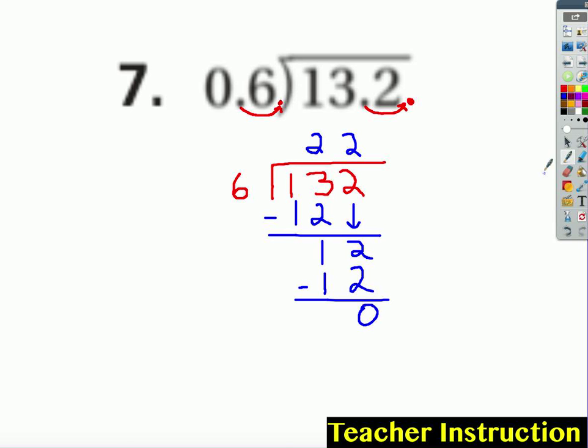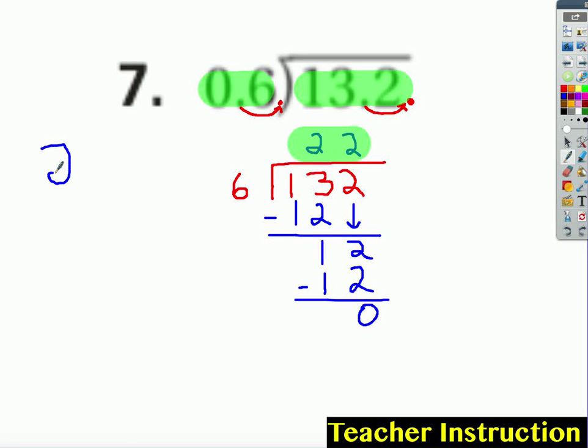Now, if I want to see if this is right or not, check this out. This is my original divisor, isn't it? See the green that I just put up there, 0.6? If I multiply that by my quotient, 22, I should get 13.2. Okay, so let me try it up here.